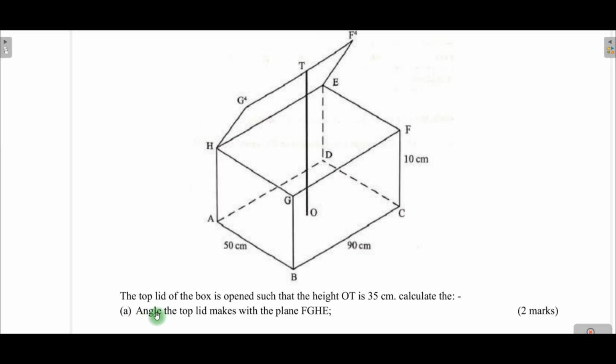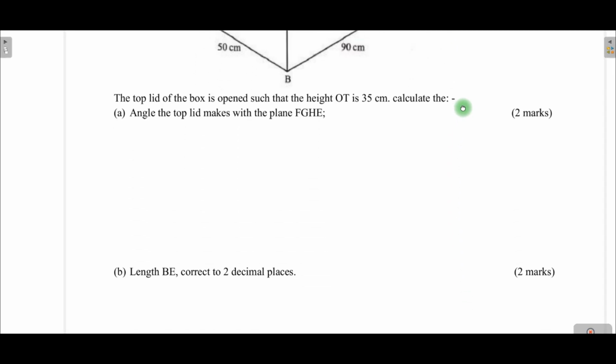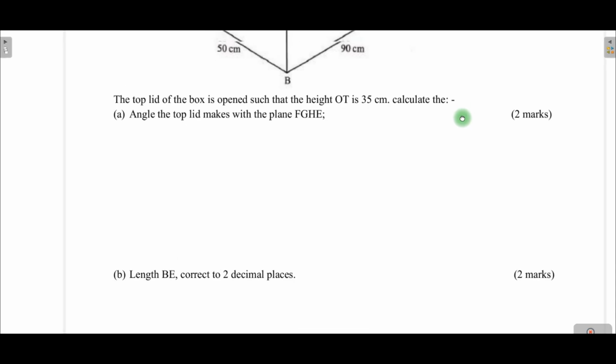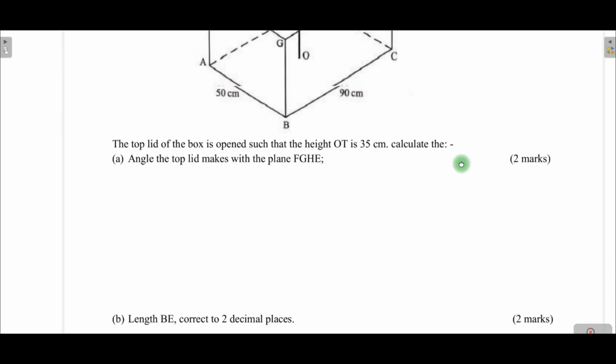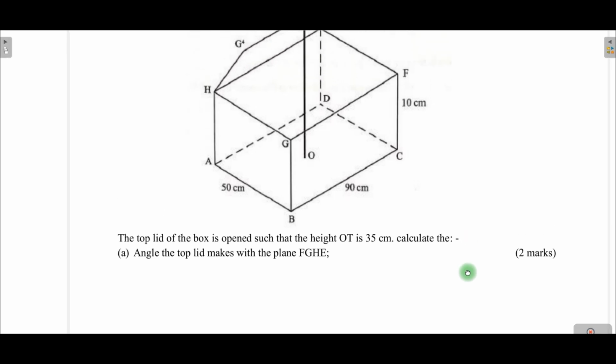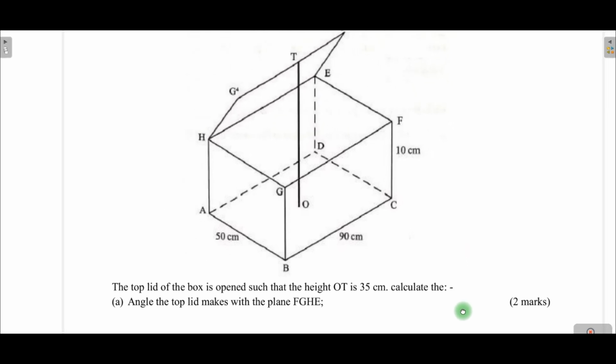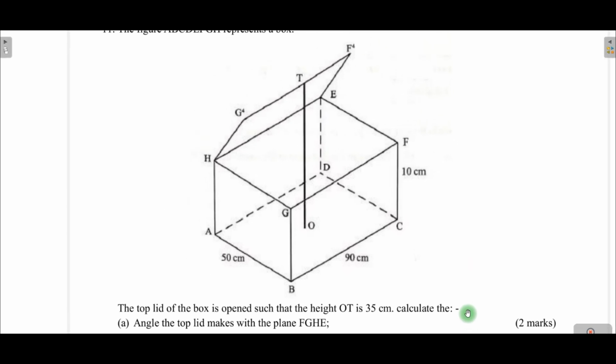We need to calculate the angle the top lid makes with the plane FGHE. Then part B of the question, we get the length BE correct to 2 decimal places. And therefore, let us begin working out.